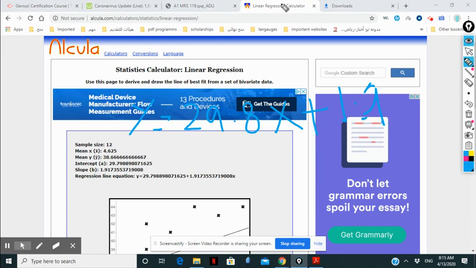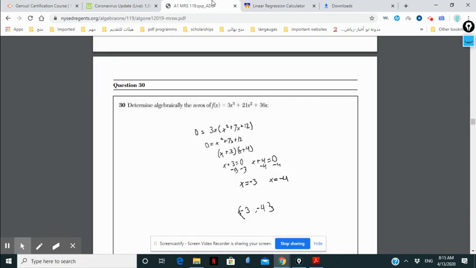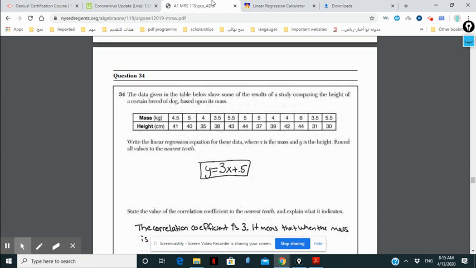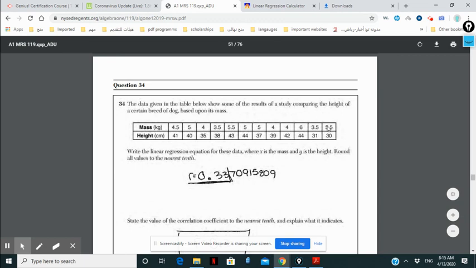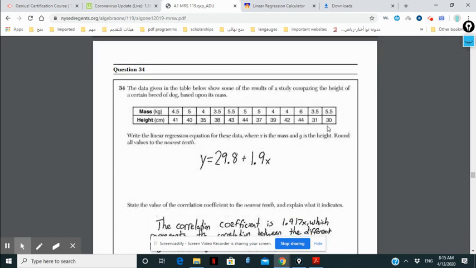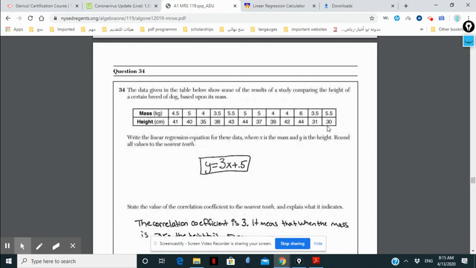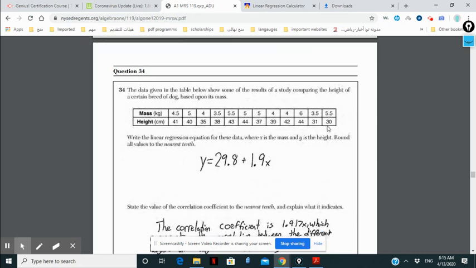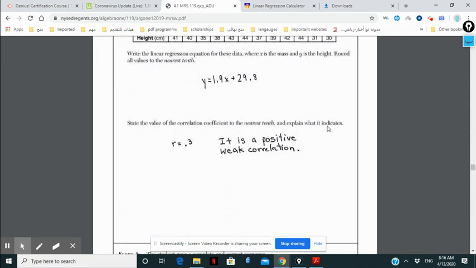Let's check the answer key. It's correct.